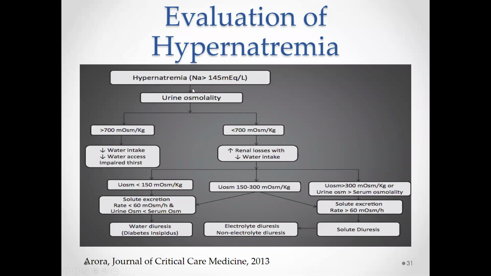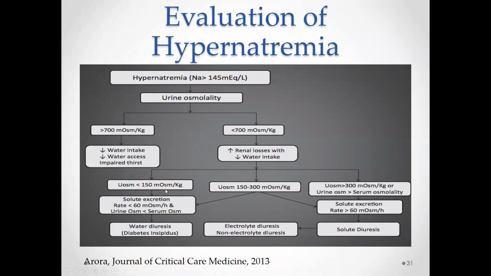Again, as we went over earlier, for hypernatremia we look at the sodium, and then look at the urine osmolality. If the urine osmolality is high, then the kidney is doing its job, and we look for the cause somewhere else. If the kidney is not doing its job, when the urine osmolality is less than 700, which is the cutoff, then we need to look further.